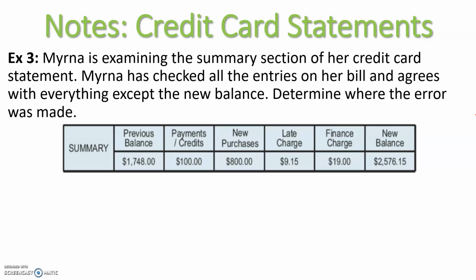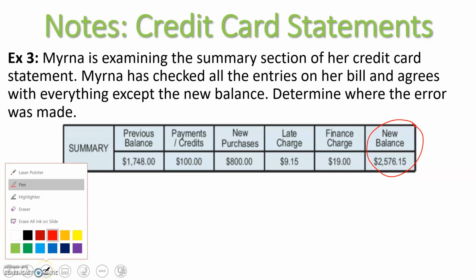Okay, example 3. Myrna is examining the summary section of her credit statement. Myrna has checked all the entries on her bill and agrees with everything except for the new balance. Determine where the error was made. So let's go ahead and calculate.